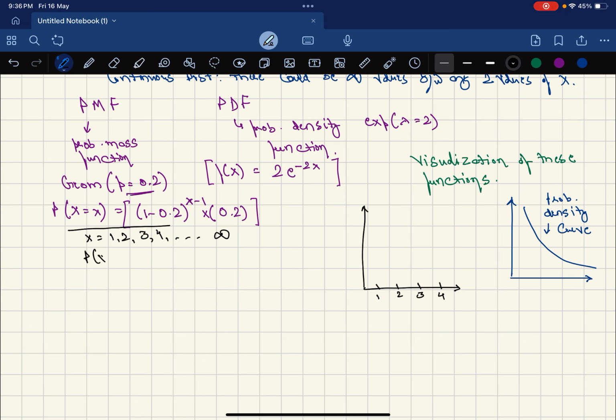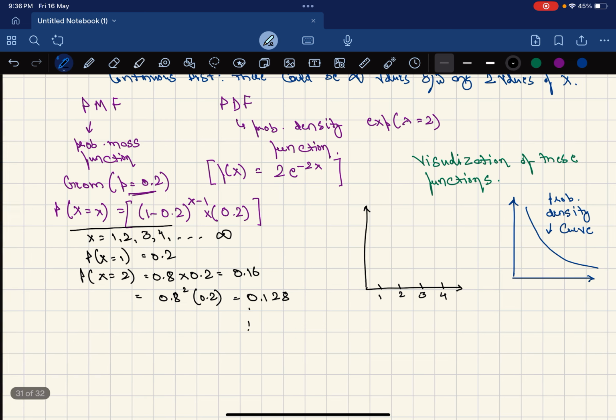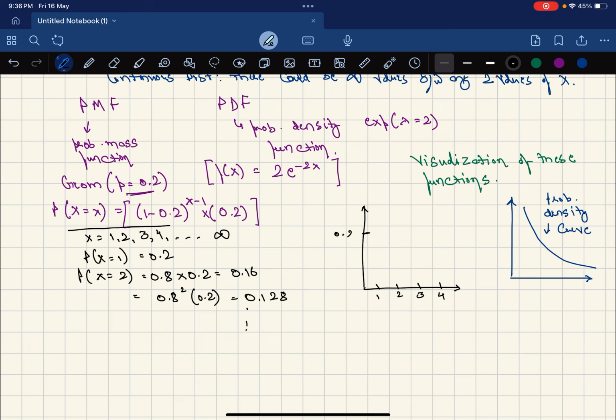So let us say we have 1, 2, 3 and so on. For P(X = 1), the value is 0.2. P(X = 2) is 0.8 times 0.2, which is 0.16. For 3 it will be 0.8 squared times 0.2, which is 0.64 times 0.2, which is 0.128, and so on. So you can see the probability is actually decreasing here. What we do is use something called a bar chart to represent these discrete probabilities on a graph.